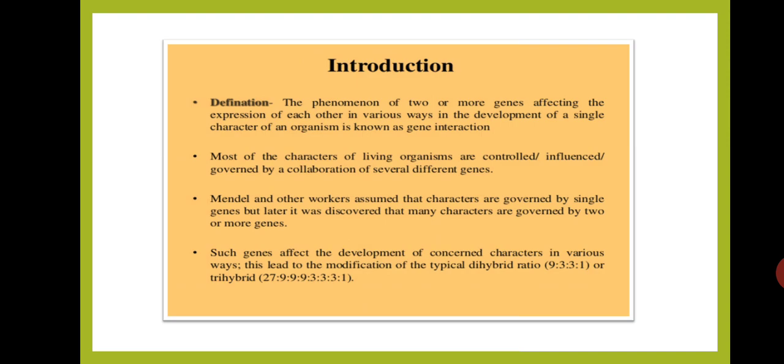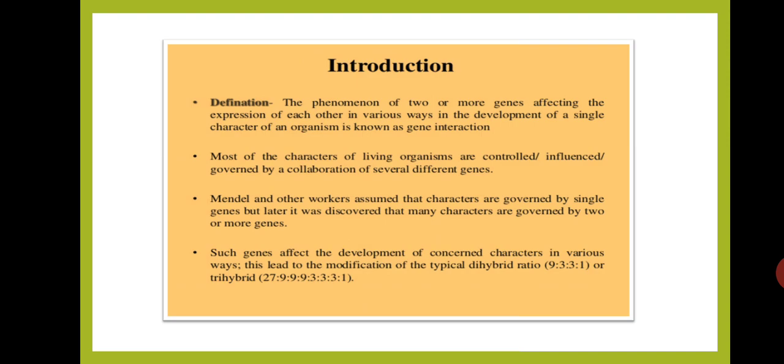Most of the characters of living organisms are controlled, influenced or governed by a collaboration of several different genes. Mendel and other workers assumed that characters are governed by single genes, but later it was discovered that many characters are governed by two or more genes.